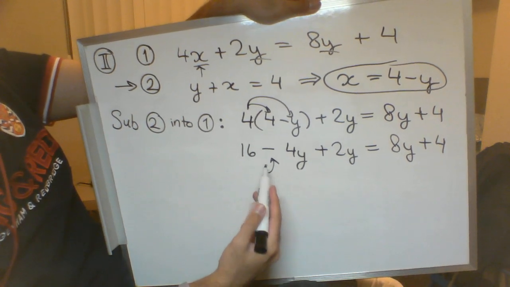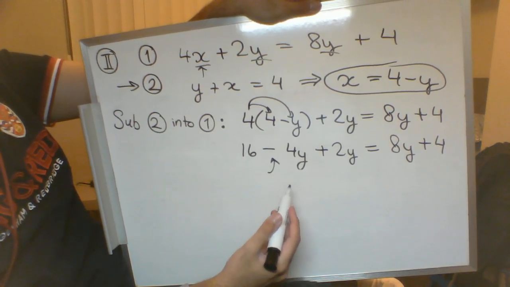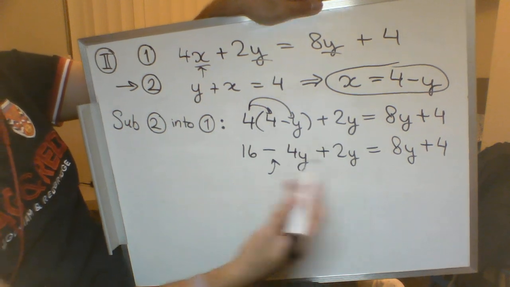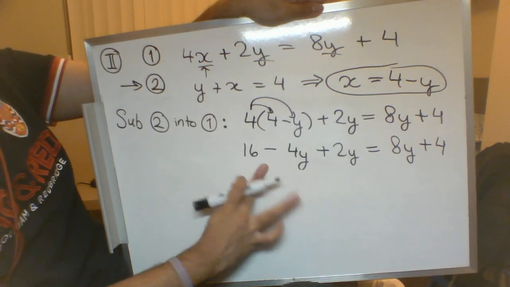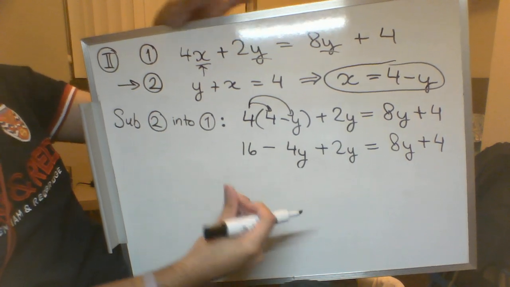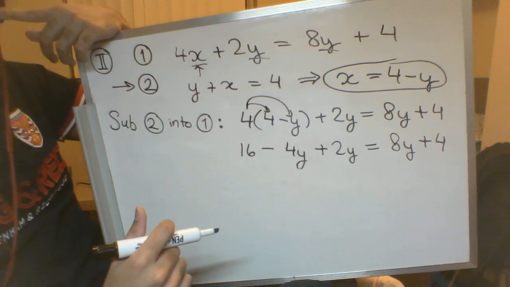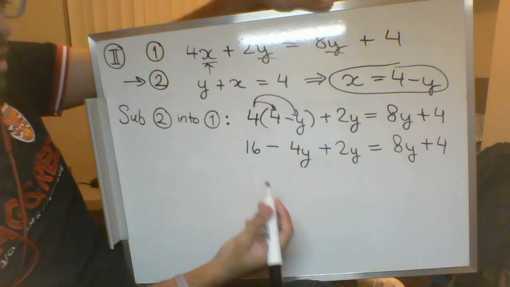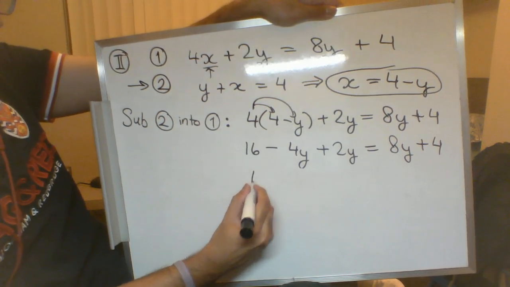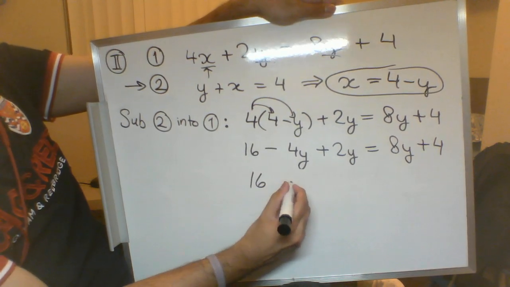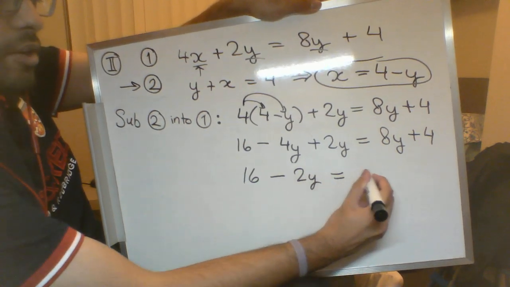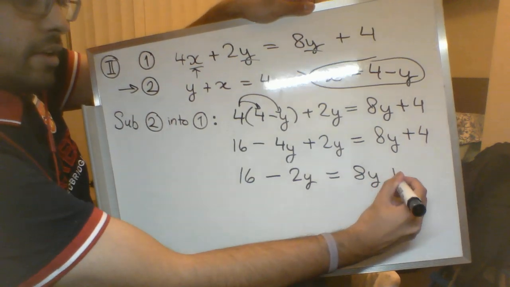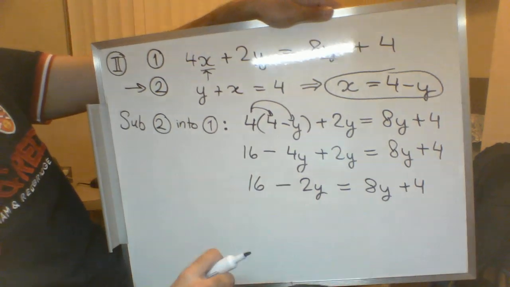So that would be like saying it's negative 4 degrees, like Celsius outside, and then it gets 2 degrees warmer. So it's not going to be positive 2, it's still going to be a negative number. If it's negative 4 degrees outside, and then it gets 2 degrees warmer, it'll be negative 2 degrees at the end of that. So the 16 stays the same. I'm going to be left with minus 2y over here equals 8y plus 4.